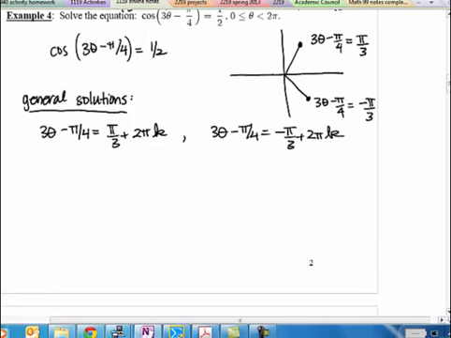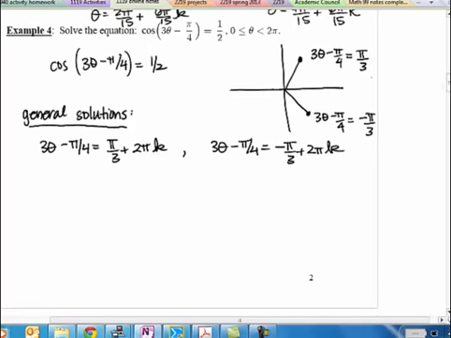Then, after I've got the general solution for this complicated input, now I'll rearrange to get theta by itself.